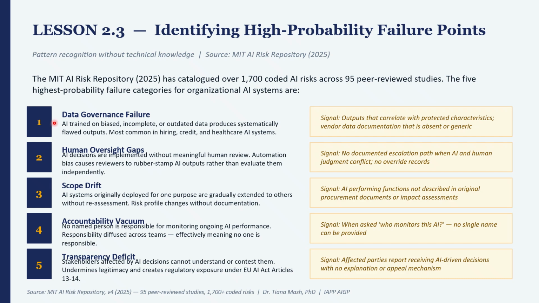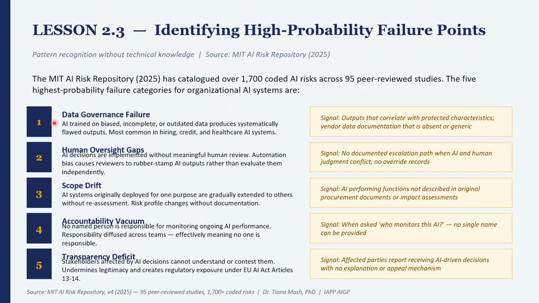Failure category 1, the data governance failure. This is an AI trained on biased, incomplete, or outdated data producing systemically flawed outputs. It is the most common failure type in hiring, credit, and healthcare AI systems.